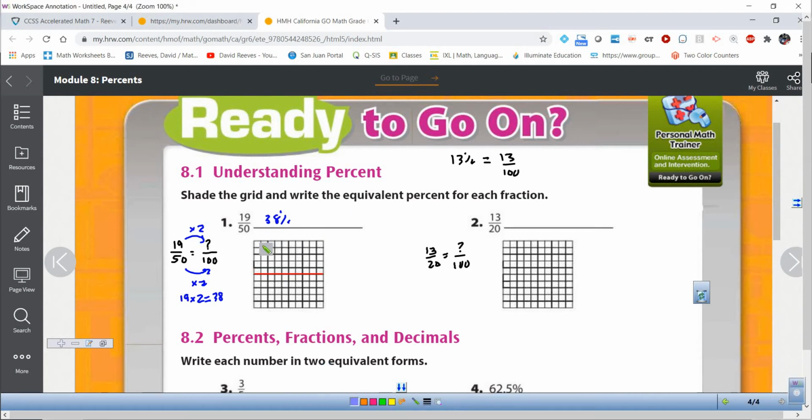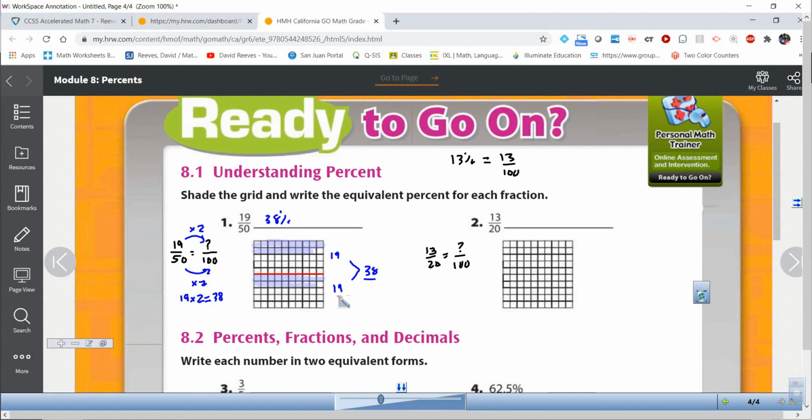So let me go ahead and color this in. 19, that would be 10, and then another 9, and that would be 19, and then I would do that twice. I would get 19 on the top part, and 19 on the bottom part, and that of course gives me my 38%. 38 out of 100.